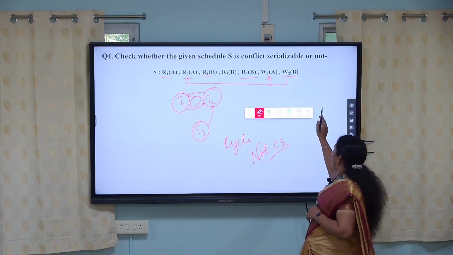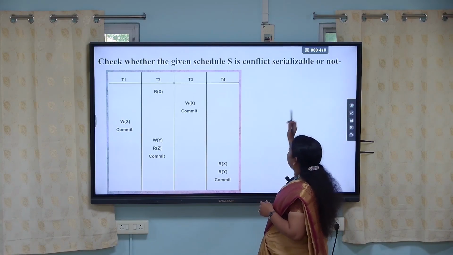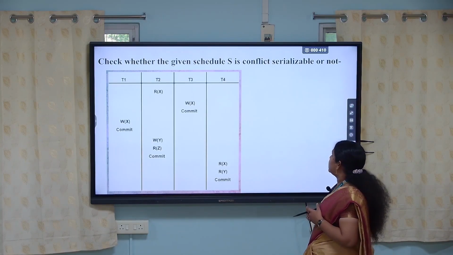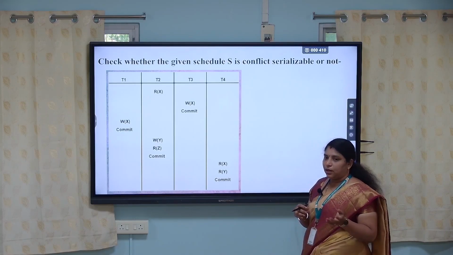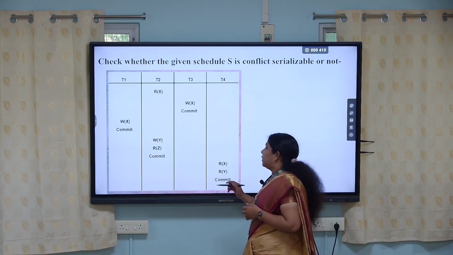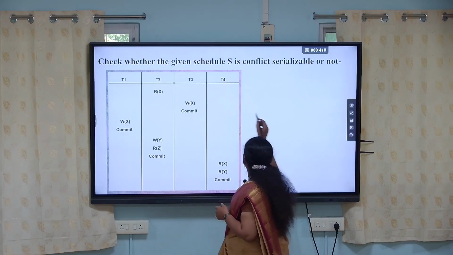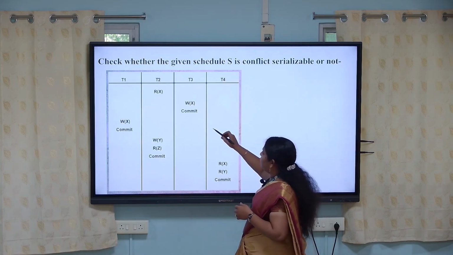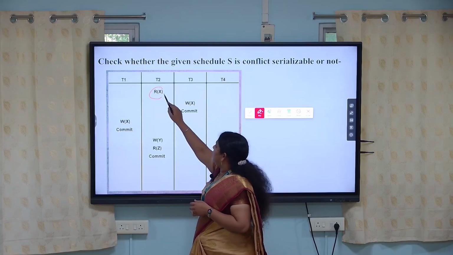This is another schedule given as an example for conflict serializability, to identify whether the given schedule is conflict serializable or not. Here we have four different transactions which have different operations on the same data item.